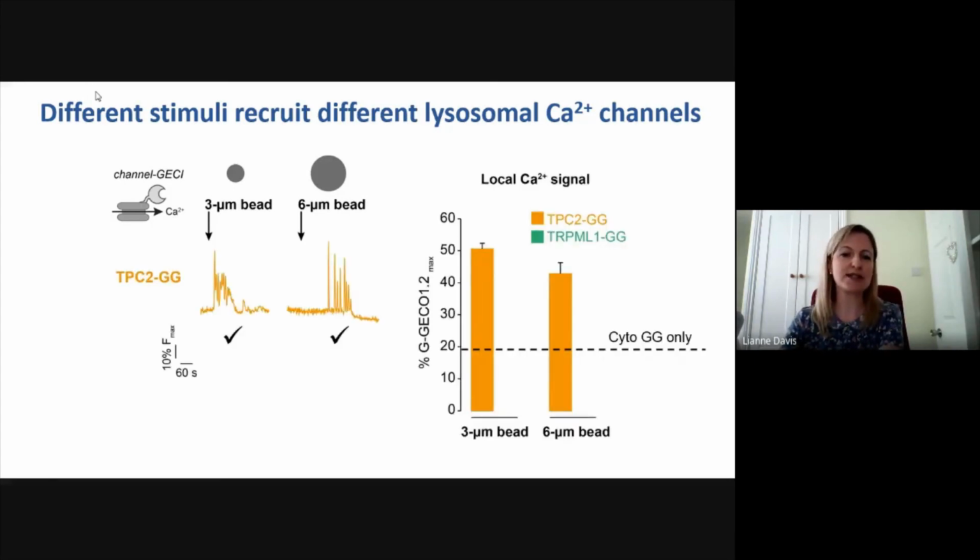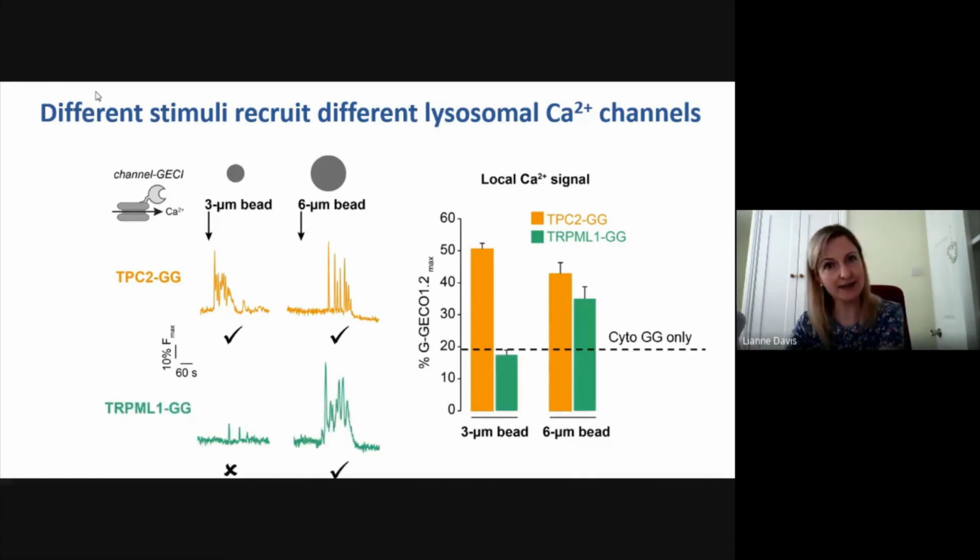So we saw that TPC2 channels were activated by both small and large beads, since the amplitudes were greater than the cytosolic GCaMP, shown by the dotted line. So the previous slide shows that both bead sizes required TPC2 for uptake, and this calcium activation pattern mirrors that.